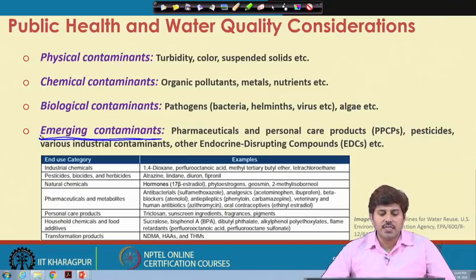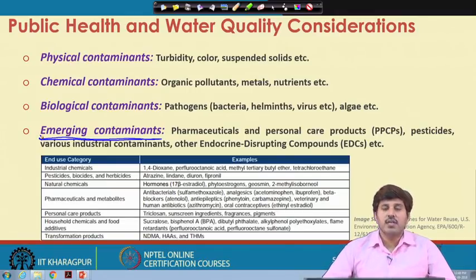There are natural chemicals, so various hormones, growth promoters and so on. There are various pharmaceuticals and metabolites, such as antibiotics, analgesics, beta blockers, anti-allergics, and oral contraceptives. There are various personal care products, and a lot of cosmetics come under this category: fragrances, cosmetics, pigments.